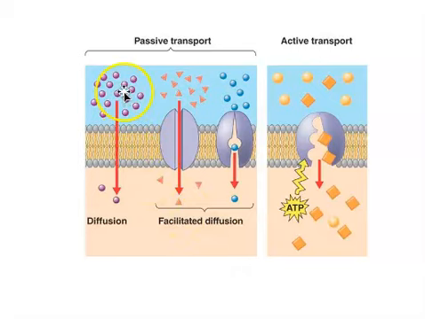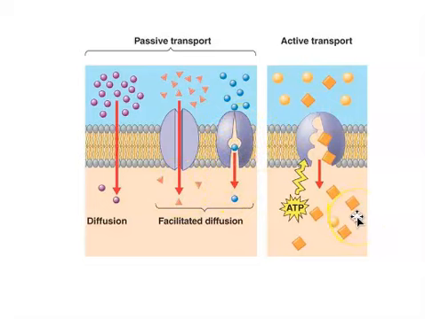As long as there's a concentration gradient across the membrane, these two processes will occur. Now, the difference between them is that simple diffusion happens between the phospholipids, and facilitated diffusion requires a protein, either a channel or a carrier.